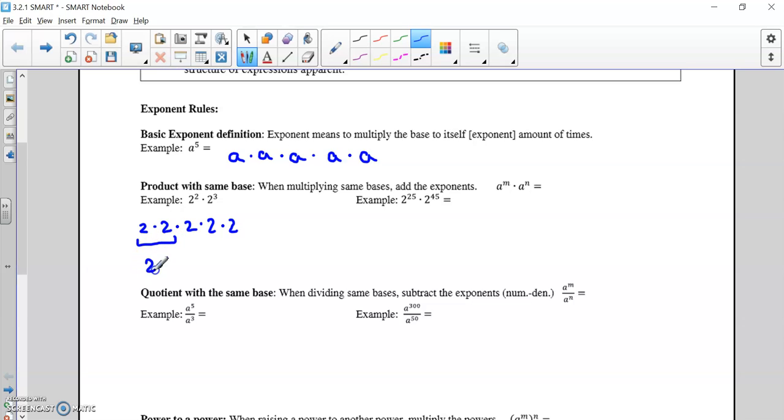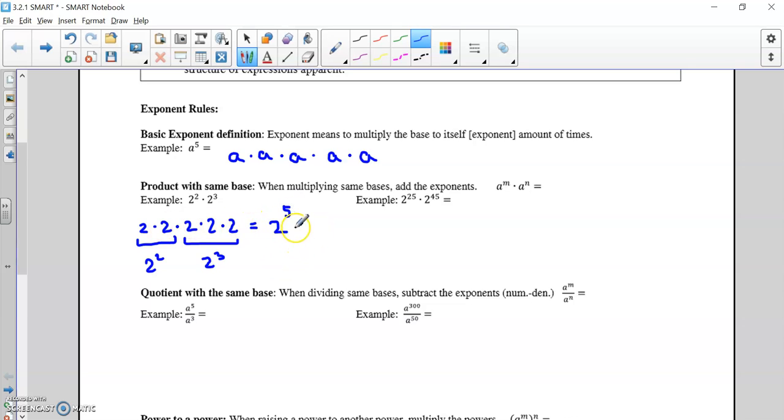Again, this is 2 squared, and then this is 2 to the third. Now, the thing is, here we have 5 2's, which just as you saw over here, would mean a number to the fifth power. Because there's 5 2's, we know it's going to be 2 to the fifth power.